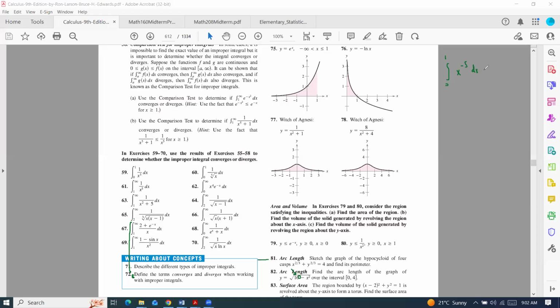So when you do the antiderivative, you're going to end up with x to the power of -4 over -4, from 0 to 1.